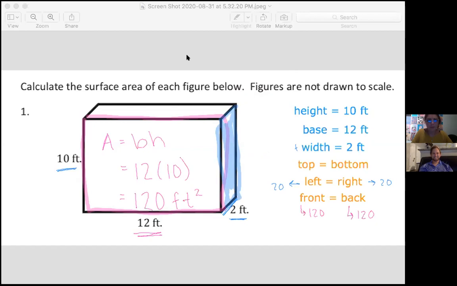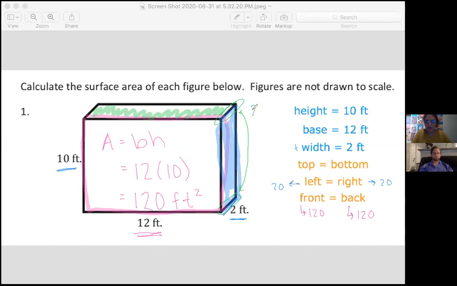Okay. The final one is going to be this top one right here. Now this one may look a little tricky, but it's going to be the same. Our base is also going to be 2 feet, because remember, these lines are also congruent.